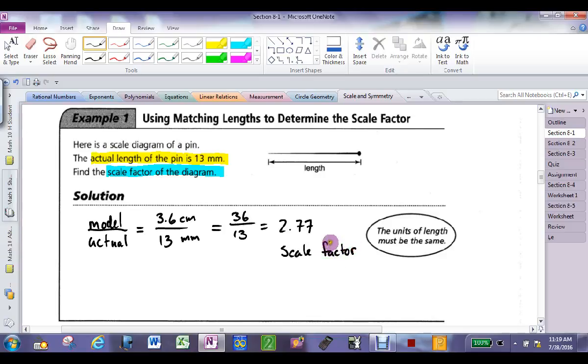That means every measurement on the actual pin multiplies by this to get the model. Okay? So what does that mean for us?